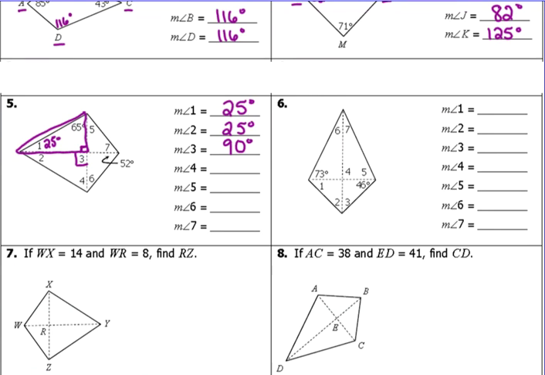The measure of angle 4 is congruent to the 65 degrees that was given in the problem. Let me label what I've got on here for 65. The measure of angle 7 is 52.